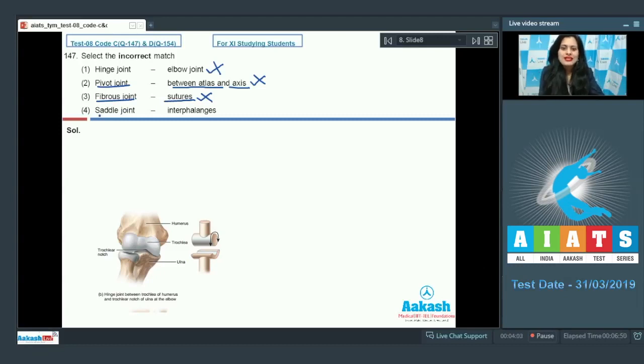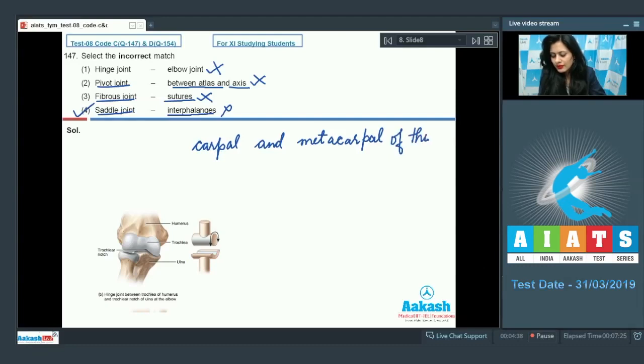And the last option is saddle joint and the match is interphalanges, and as it is an incorrect match, so this is a correct answer to our question, because saddle joint is a type of synovial joint which is present between carpals and metacarpal of human thumb, whereas hinge joint is present in interphalanges.